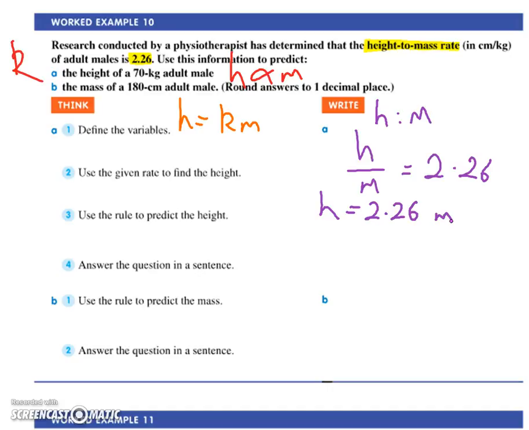Okay, now the actual question asks to find the height of a 70 kilogram adult male. What do we do? That's it.